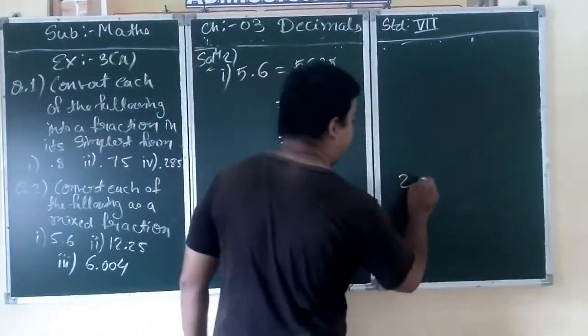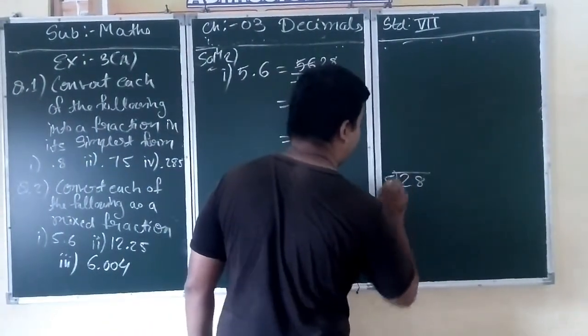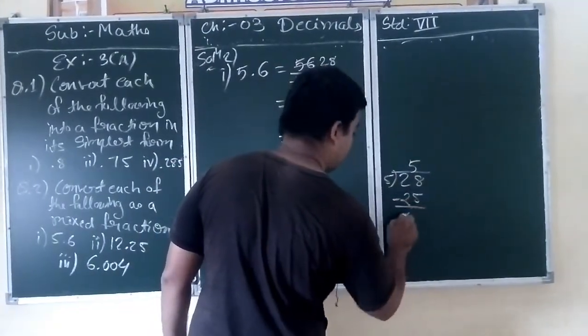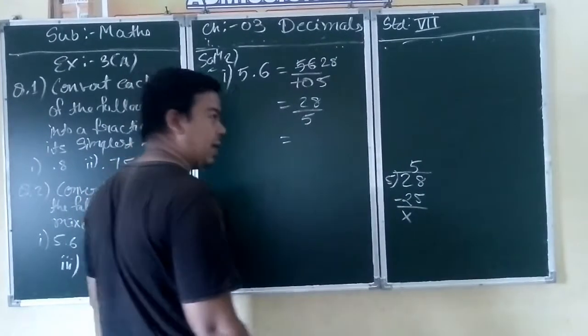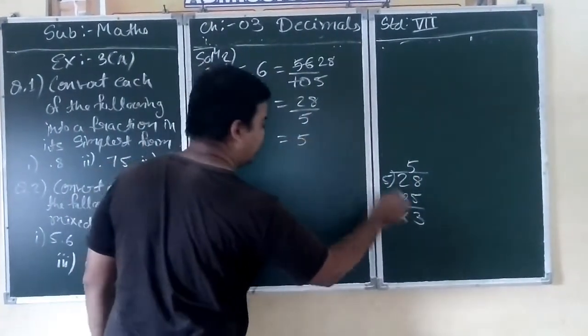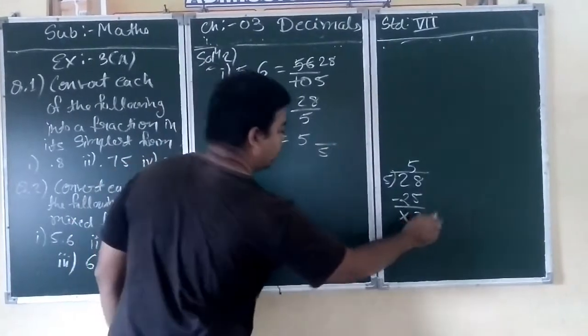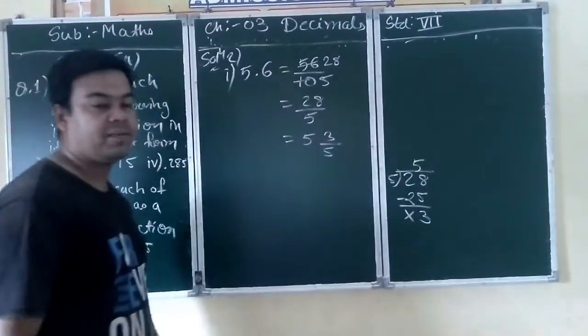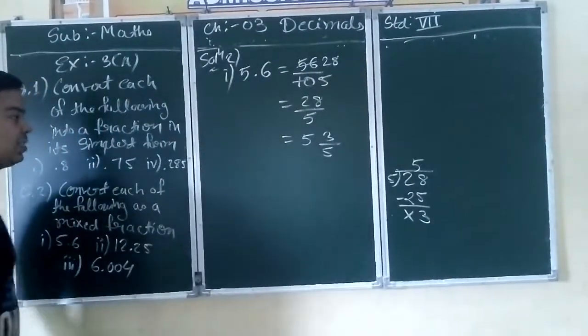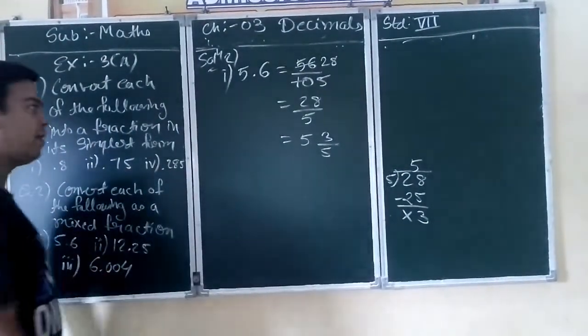So 28 divided by 5. 5 5s are 25. 28 minus 25 is 3. So this 5 will come here, this 5 is down, 3 is up. So 5, 3 by 5. Okay, this is a mixed fraction. Decimal number right now, mixed fraction.